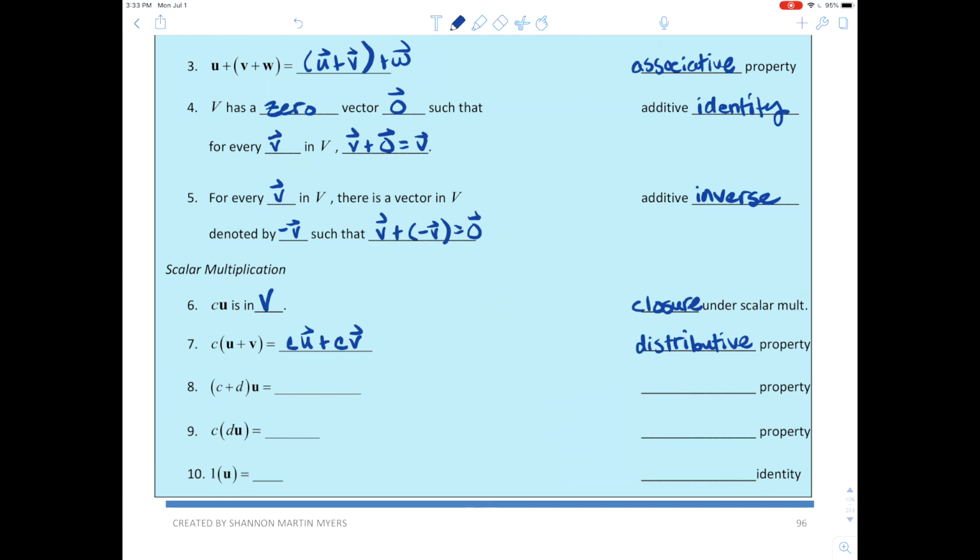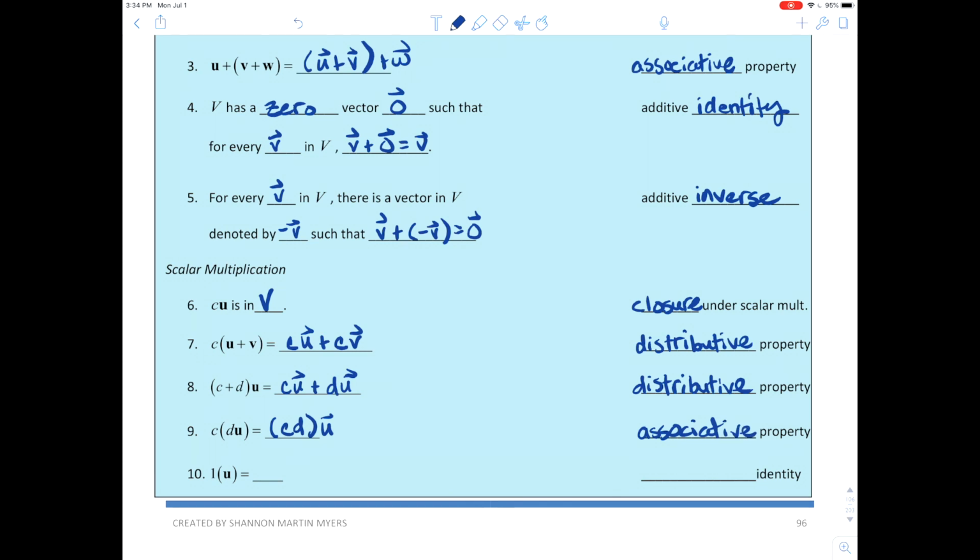Our next distributive property has to do with 2 scalars and 1 vector instead of 1 scalar and 2 vectors. The quantity c plus d times the vector u is equal to c times u plus d times u. And that's again distributive over addition. And then c times the quantity d times u is equivalent to c times d times u. That's our associative property for scalar multiplication.